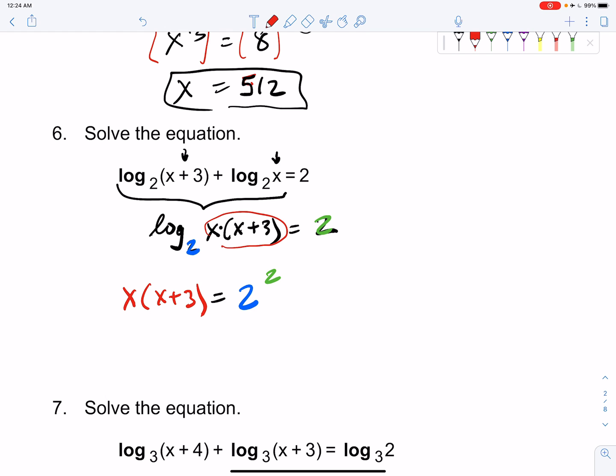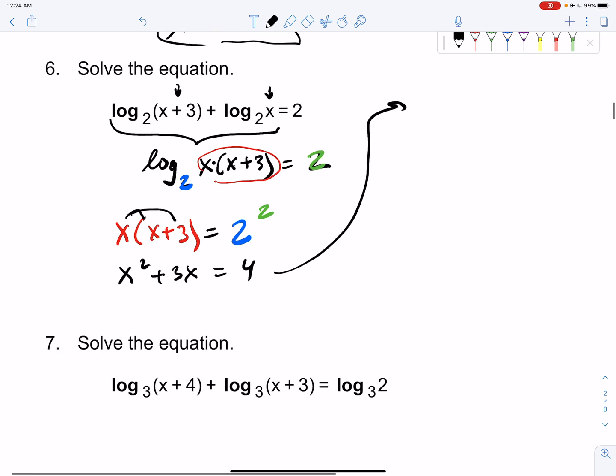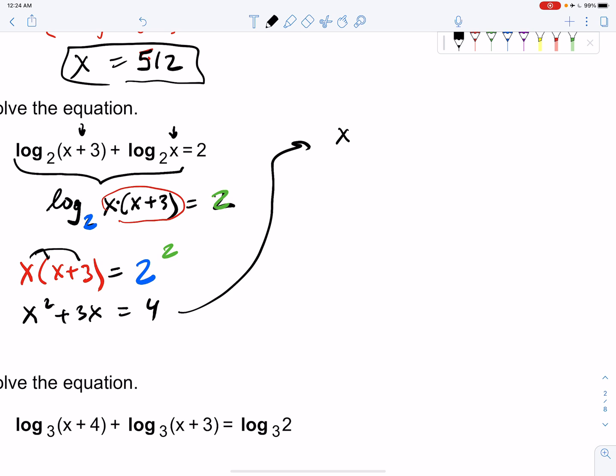And that puts us into an equation that should be pretty familiar once we distribute. x squared plus 3x equals 4. Yes, you do have to still remember how to factor. So this is x squared plus 3x. I'm going to subtract 4 on both sides, right? So we get minus 4 equals 0.